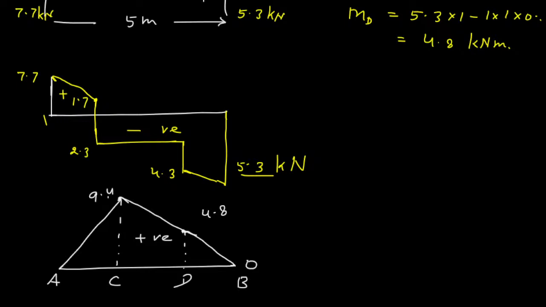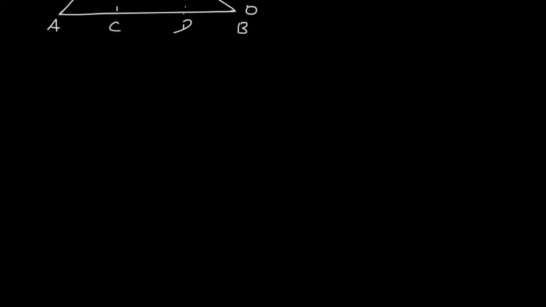So here is our third question. Again this third question is an overhang beam. Now here we will discuss an overhang beam. So AB, here I have a support, and then at 2 meter distance I have a load of 4 kilonewton.